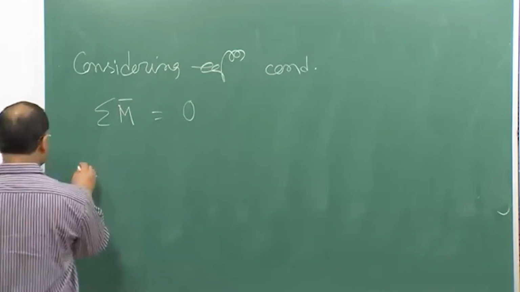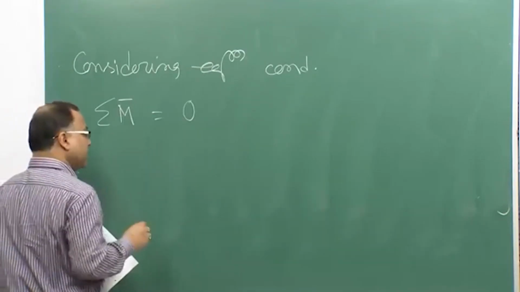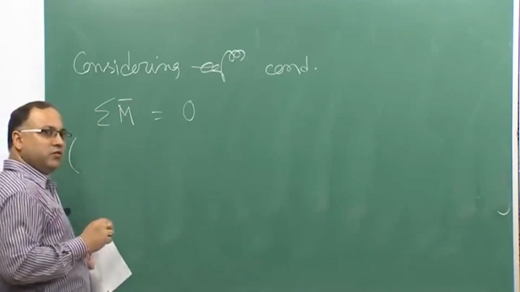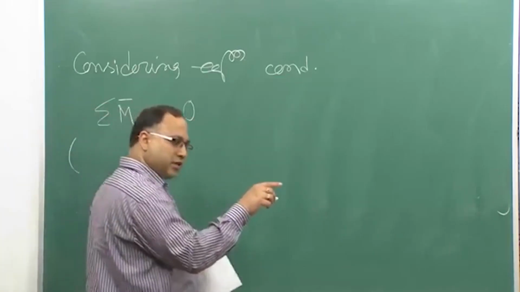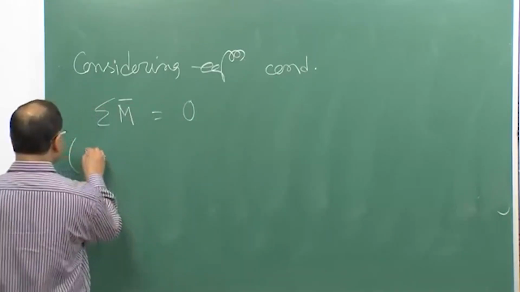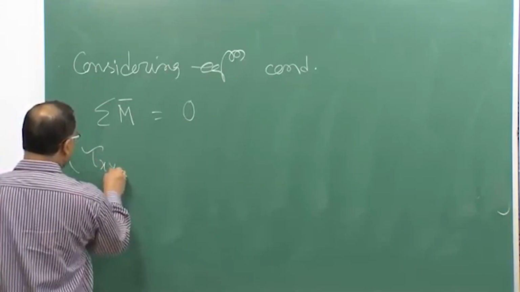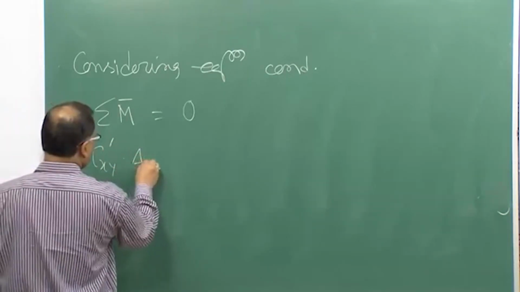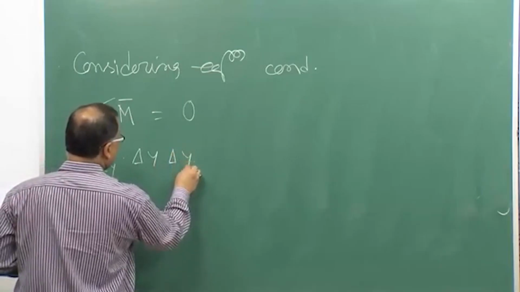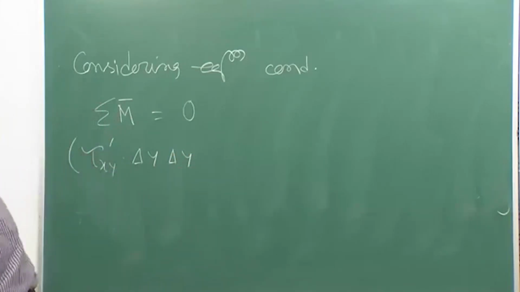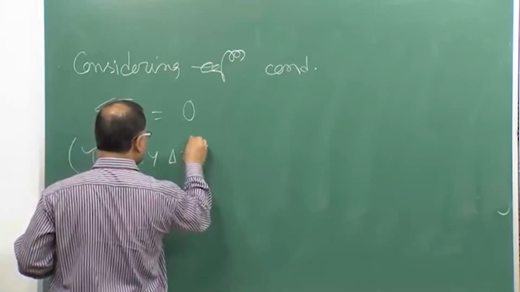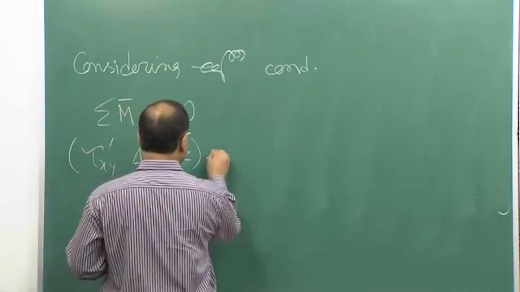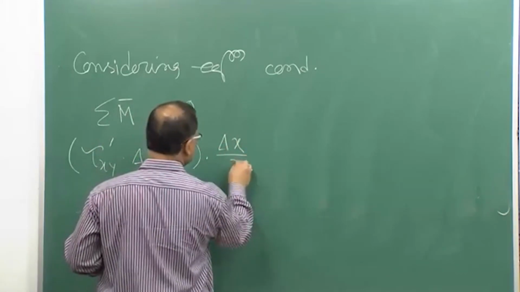So, if you look at the figure shown just now, tau xy prime is acting on del y del z, into del x by 2.